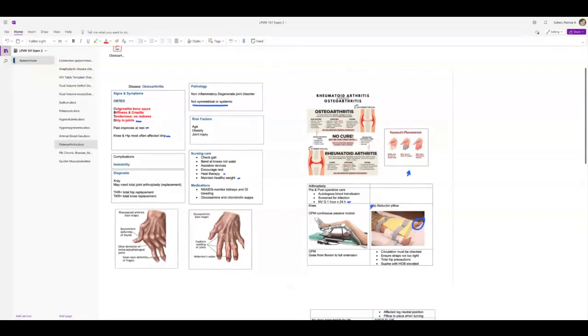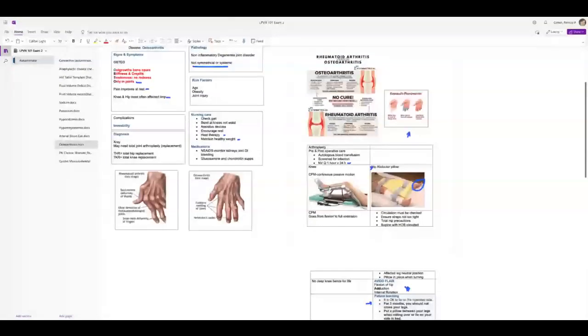This is a CPM machine. Somebody with a total knee joint may get this. What this does is it keeps the leg in continuous passive motion. It's going to move the leg so it extends and then flexes back. What you have to worry about is this is usually put on a bed. It needs a nice flat surface.